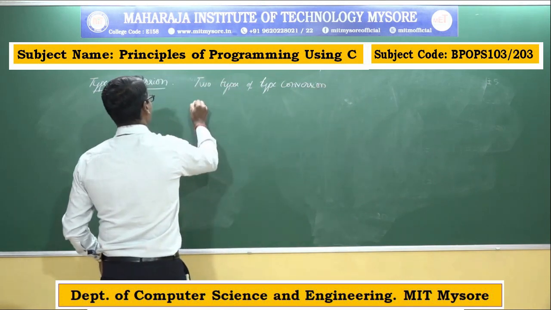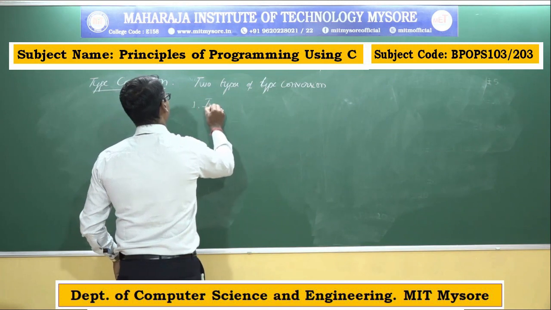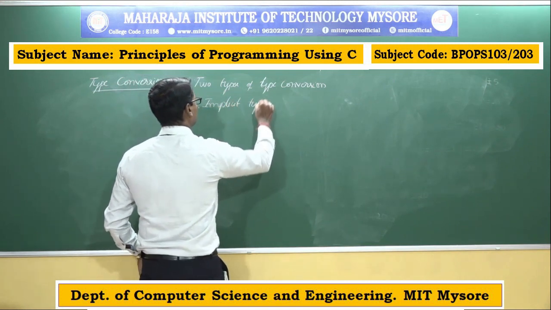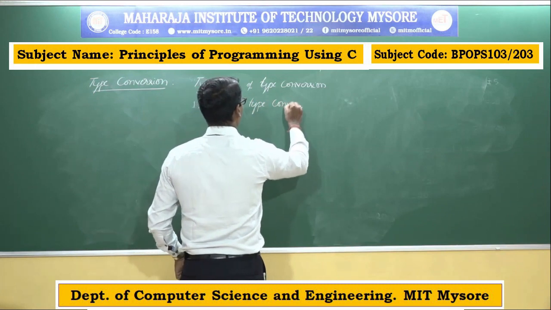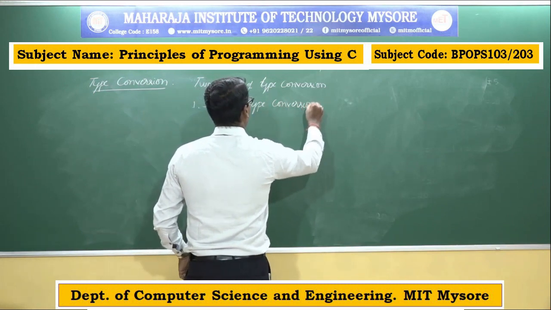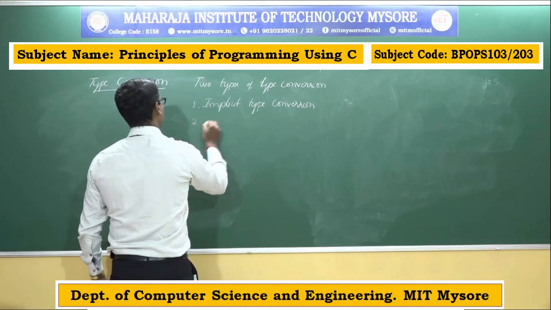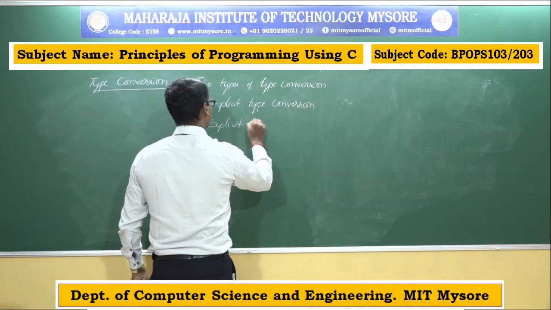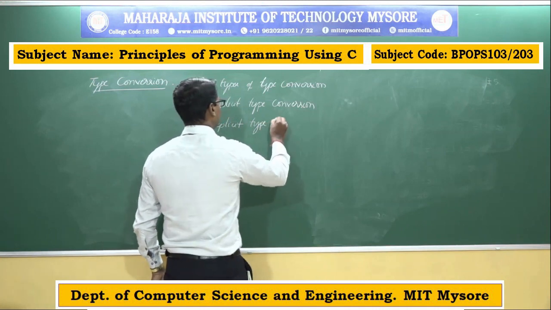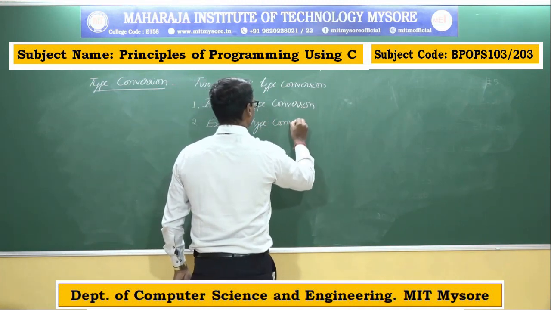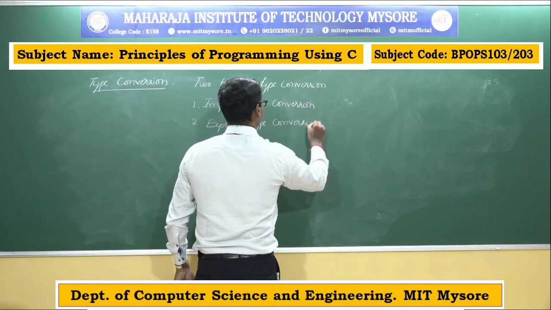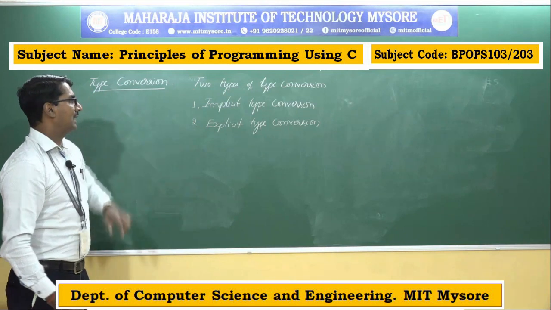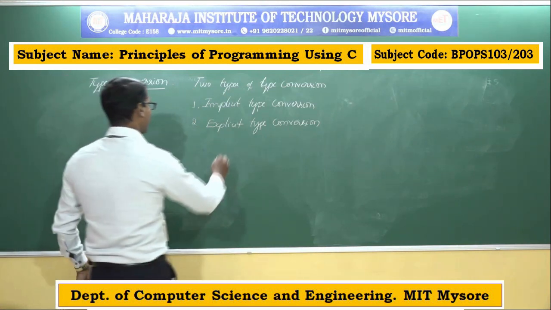Two types of conversion: implicit type conversion and explicit type conversion.